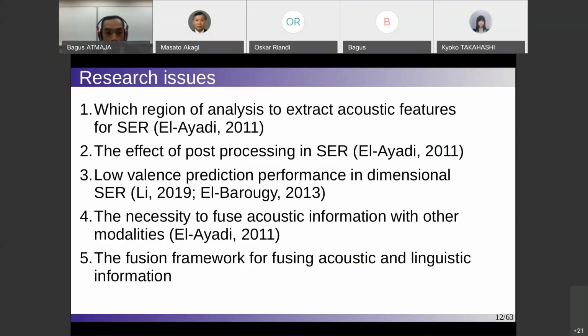The fourth issue is the necessity to fuse acoustic information with other modalities. In this case, I choose to fuse acoustic with linguistic because of the previous reasons. And if we consider this fourth issue important, another issue rises. That is the fusion framework for fusing acoustic and linguistic information. So I choose these 5 issues to be solved in this research.